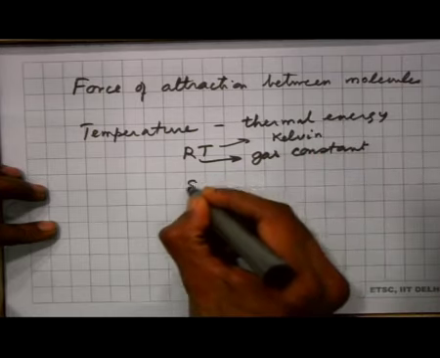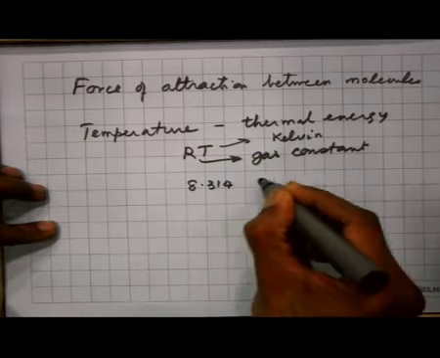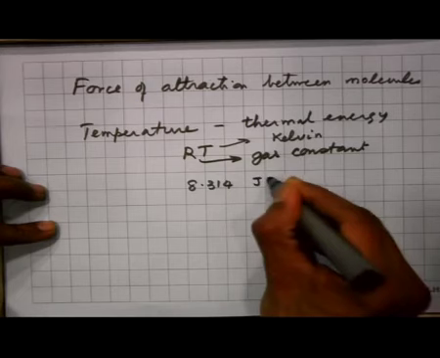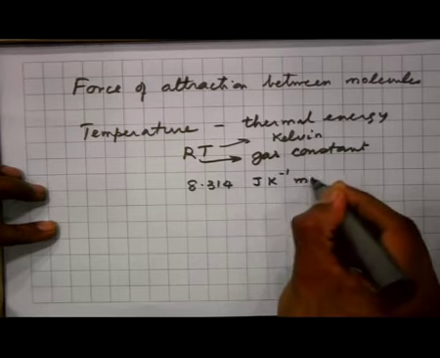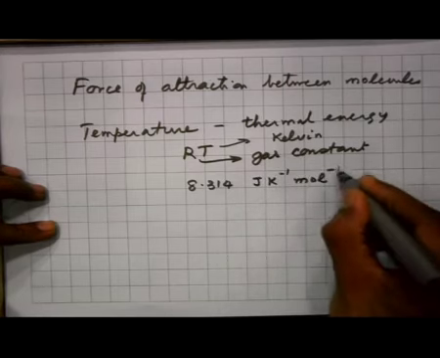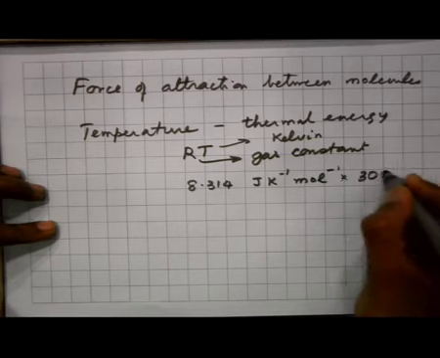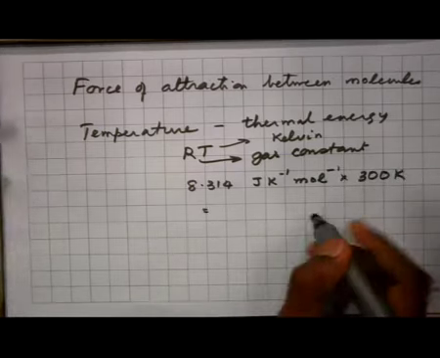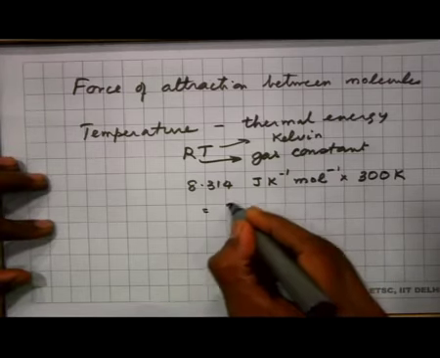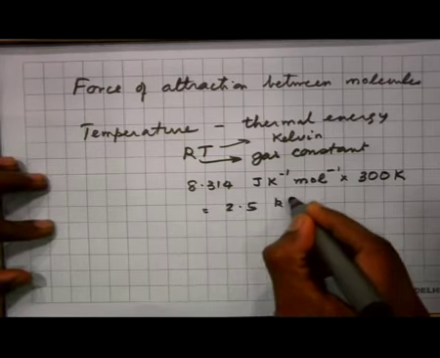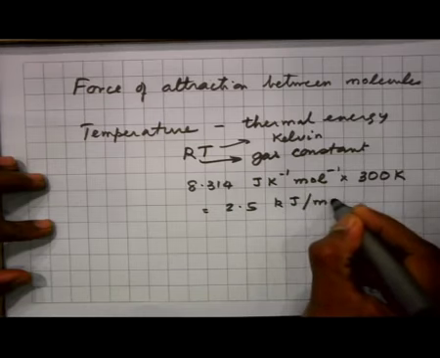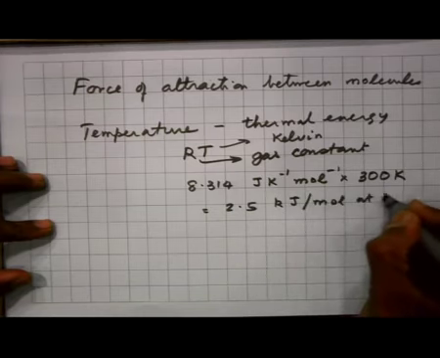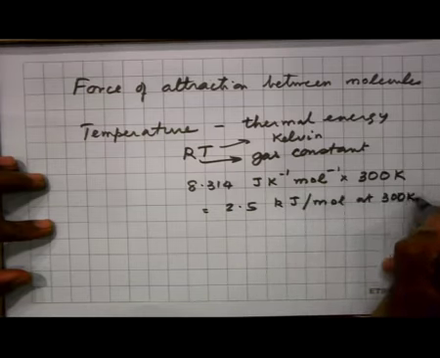So, if we have 8.314 joule per Kelvin per mole times 300 Kelvin, that works out to be about 2.5 kilojoules per mole at 300 Kelvin. That is a rough estimate.